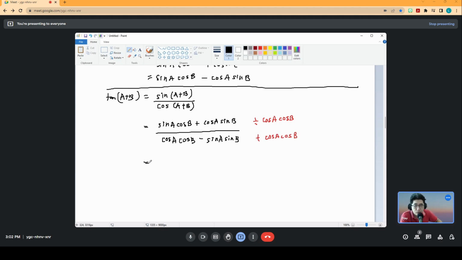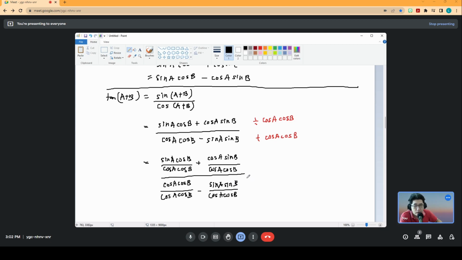Hence, from here, you will see that the top I have sine A cos B divided by cos A cos B plus cos A sine B divided by cos A cos B, over cos A cos B minus sine A sine B over cos A cos B. Therefore, you will see that there's something that I can cancel.